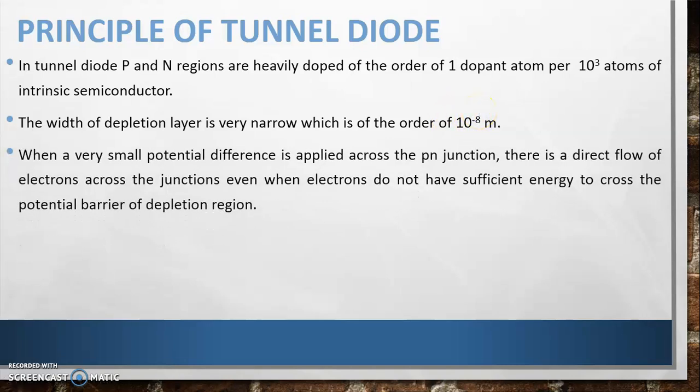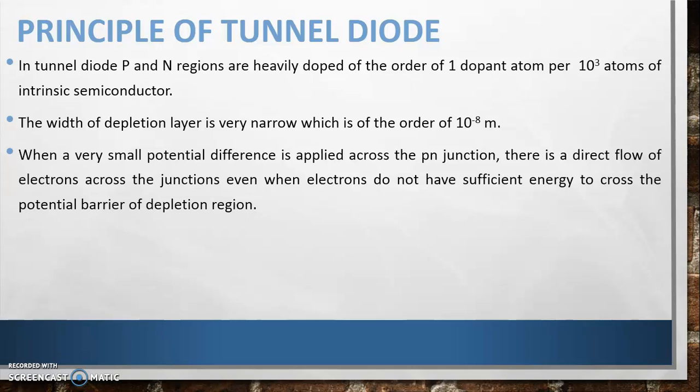When a very small potential difference is applied across the p-n junction, there is a direct flow of electrons across the junction, even when electrons do not have sufficient energy to cross the potential barrier of the depletion region.